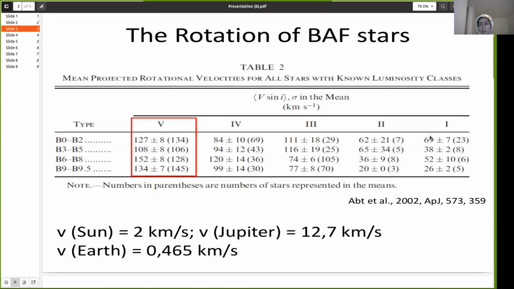They are for giants, and these are for B-type stars. You see that for giants and supergiants, we have less rotation. You know, they are near the rest of their life, near the end.